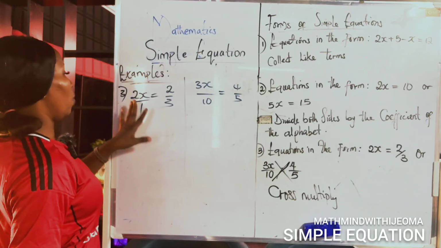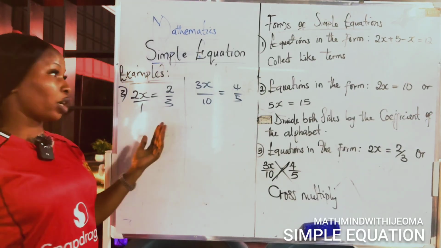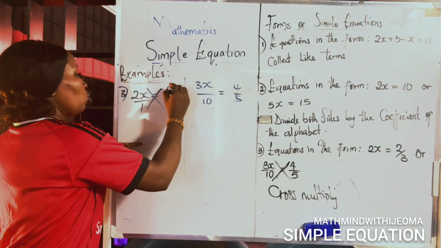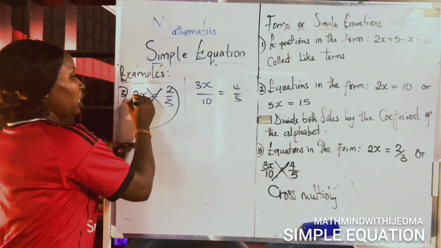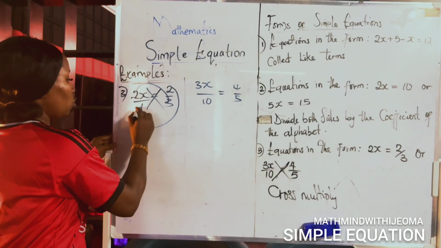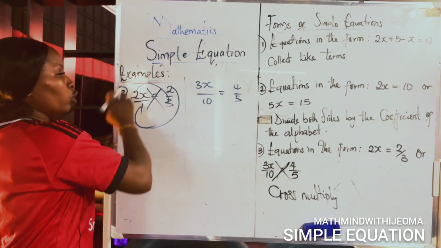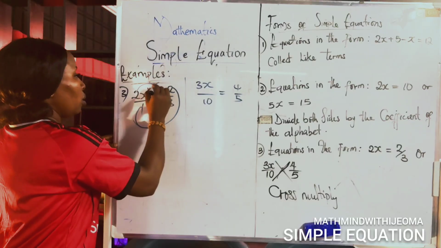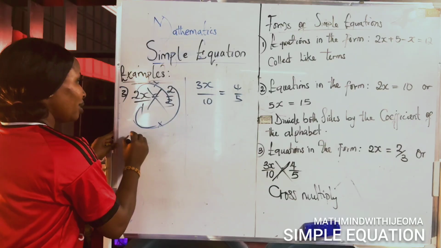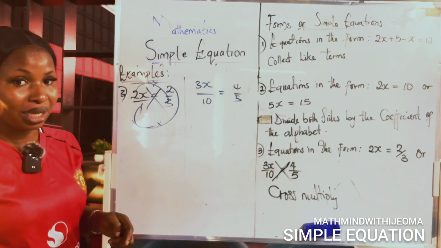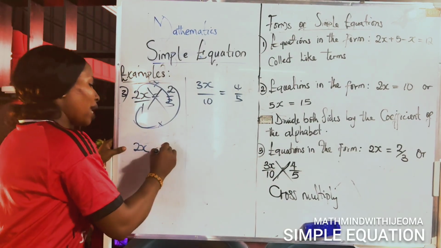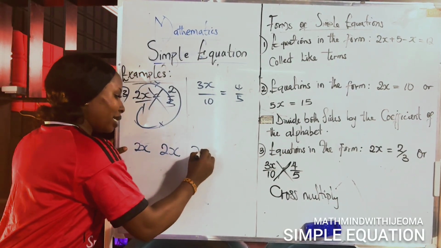Okay? So now, put over 1 to make it a fraction, then cross multiply. If you are cross multiplying, remember these two are multiplying each other, and these two are multiplying each other. So we have 2x times 3. 2x times 3 means 2x, another 2x, another 2x.